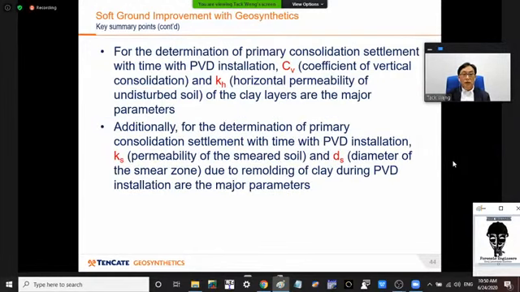Additionally, we need to determine how much disturbance has been done during installation, and therefore we need to know the smeared zone and the smeared zone permeability.